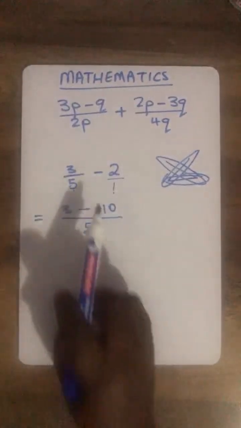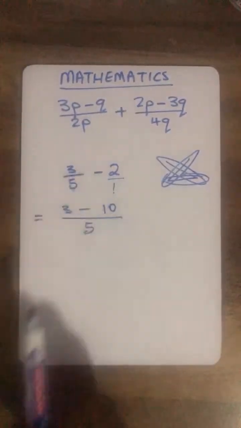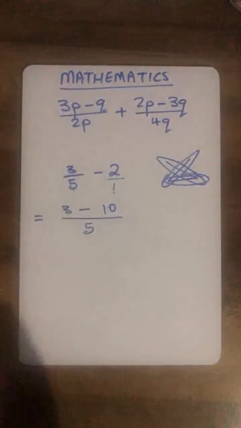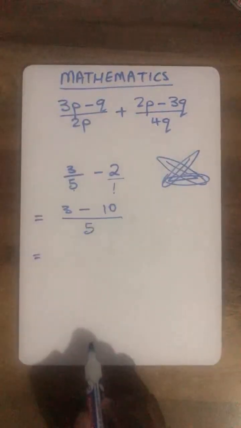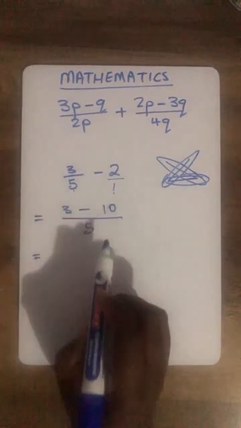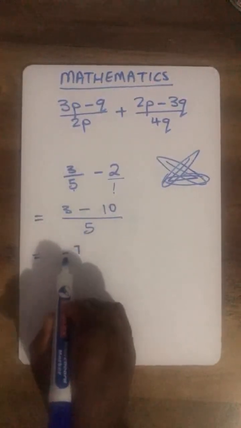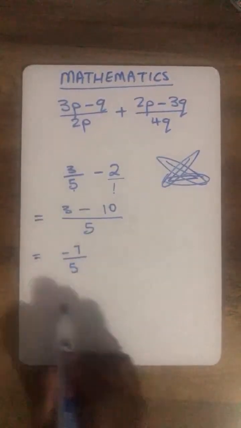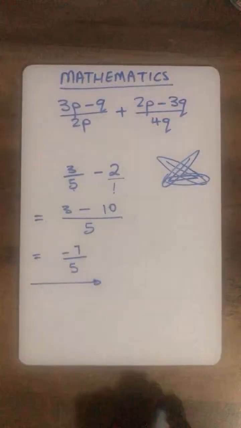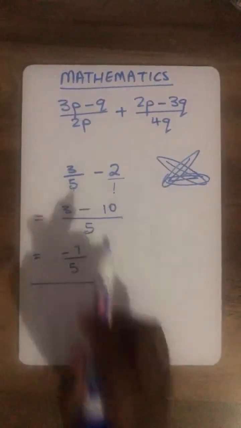So can you guys see the sign? You write that sign from the original question. And then now you are having 3 minus 10, which is what? I think that is negative 7 over 5. So that should be your final answer for that problem.